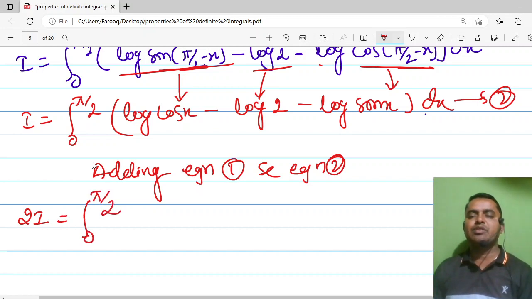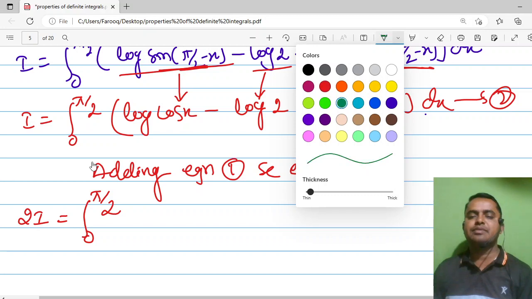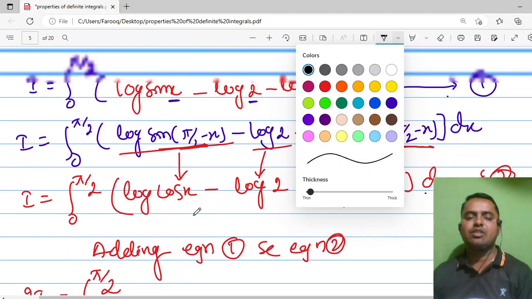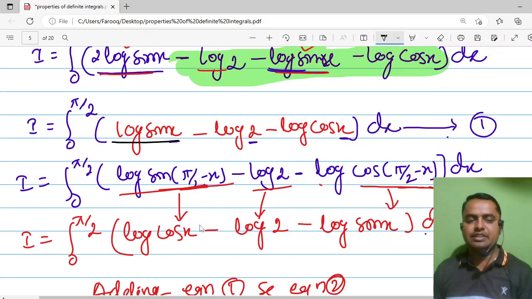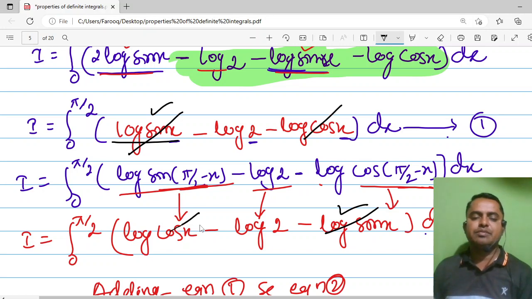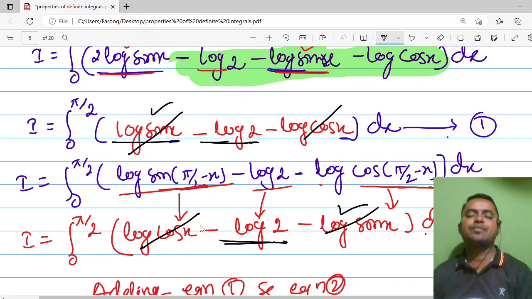See here, observe here, I am writing this step directly. After adding, this term and this term get cancelled: plus log sin x and minus log sin x cancel, minus log cos x and plus log cos x cancel. Now what is remaining here? Minus log 2 minus log 2.